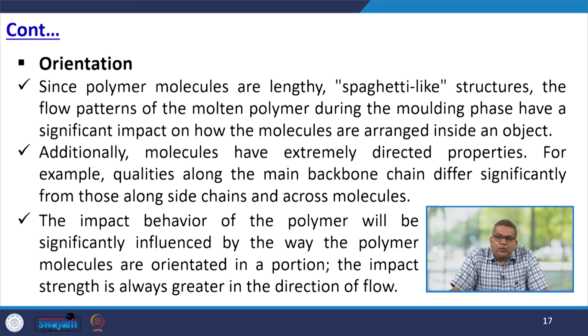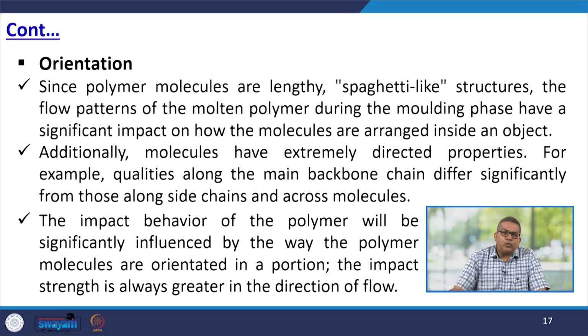Let's talk about the orientation. Now, since polymer molecules have a lengthy, spaghetti-like structure, the flow pattern of the molten polymer during the molding phase has a significant impact on how the molecules are arranged inside an object. Additionally, the molecules have extremely directed properties.